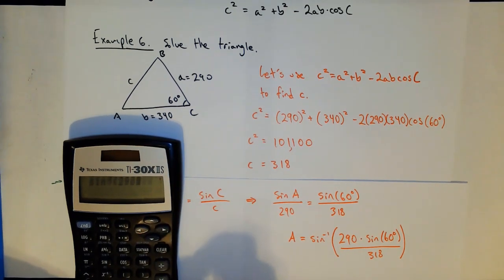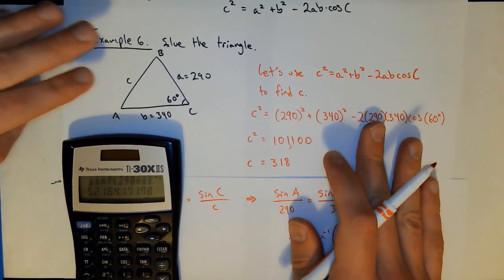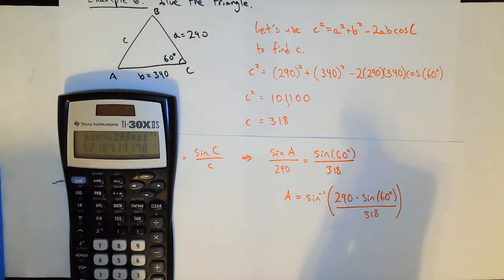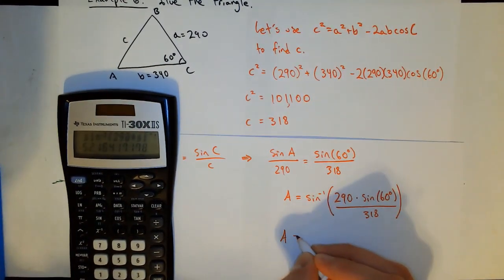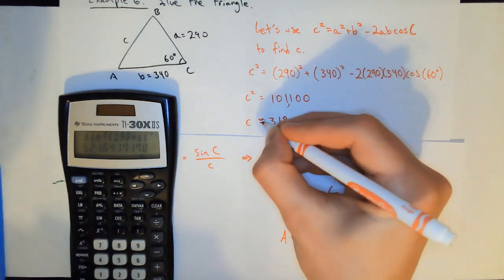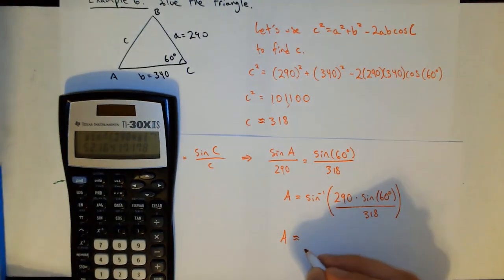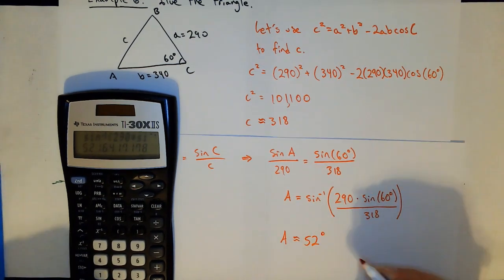Okay, and I'm getting 52.1 degrees. Again, I'm going to round to the whole number. A is, I should say approximately, I should have said that for little c too. Approximately 52 degrees.